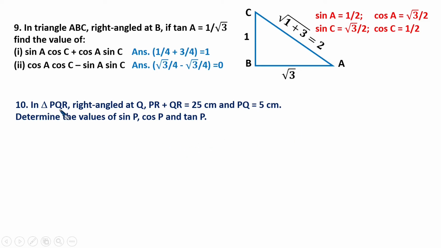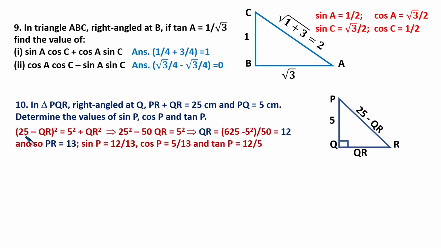In triangle PQR, right angle at Q, PR plus QR is 25 centimeters. So that means PR will be 25 minus QR, and PQ is 5 centimeters. Determine the value of sin P, cos P, tan P. This is also very simple. I can write hypotenuse square is 5 square plus QR square.